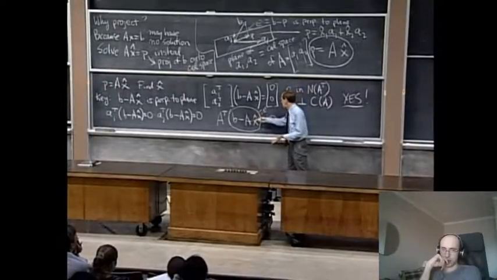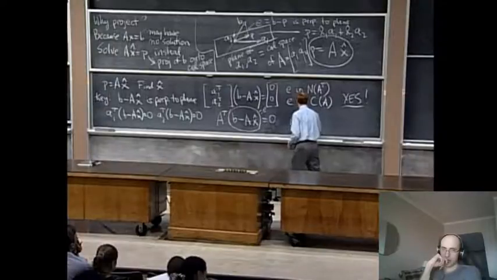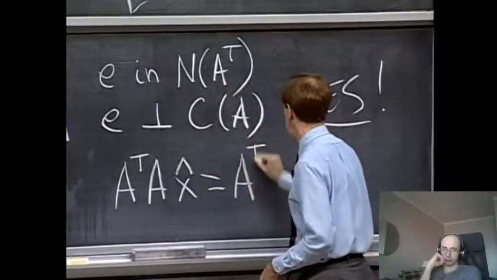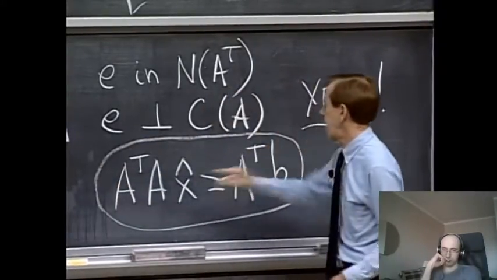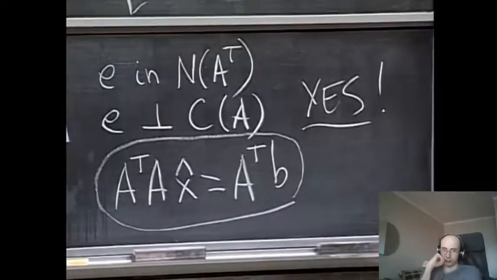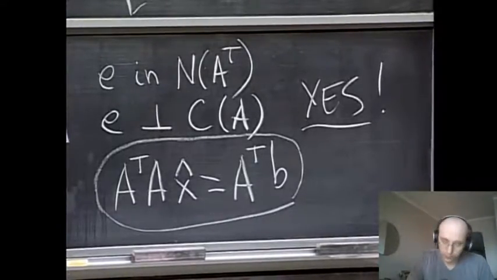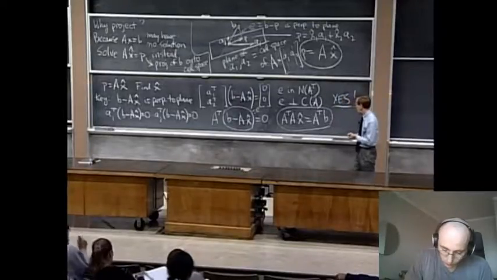All right, let me just rewrite it as A transpose A x hat equals A transpose B. That's our equation. That gives us x hat. And allow me to keep remembering the one-dimensional case.